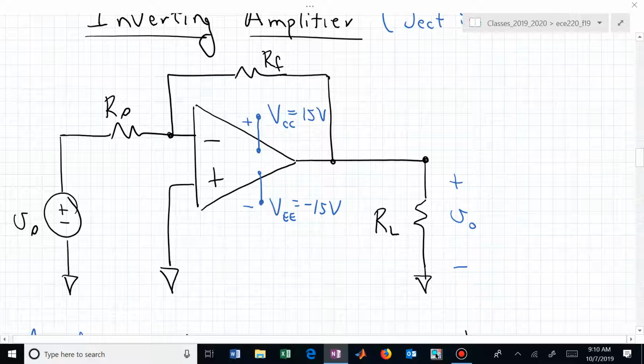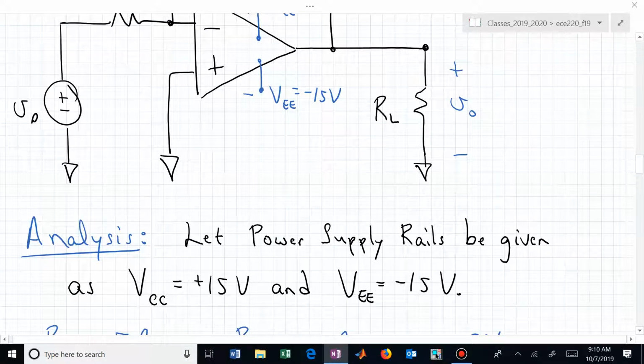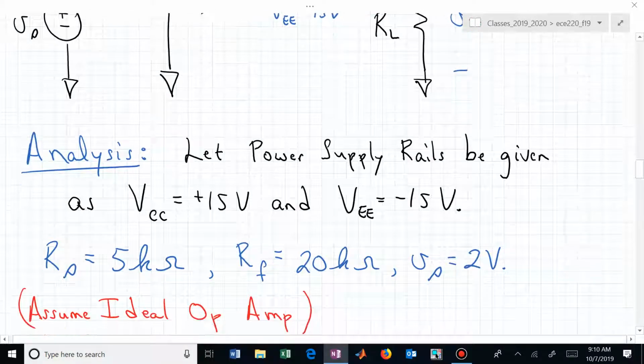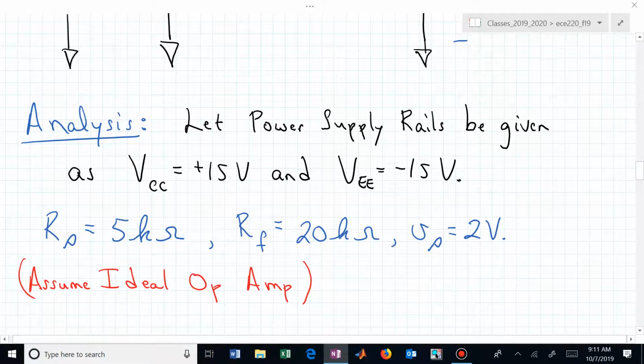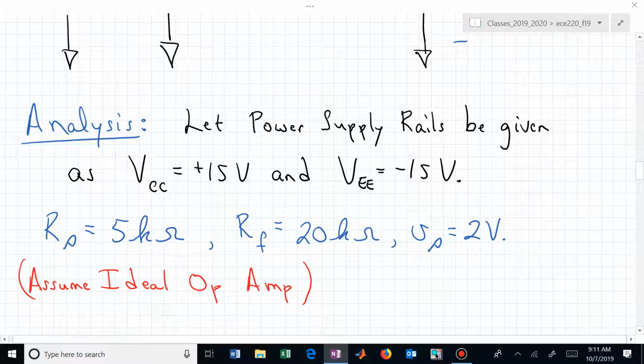To analyze this, we need to give a little bit more information. We're letting the power supply rails be plus 15 and minus 15. We let the input resistor R sub S be 5K, the feedback resistor be 20K, and let's assume the input voltage going into the inverting pin on our op-amp is set at 2 volts.